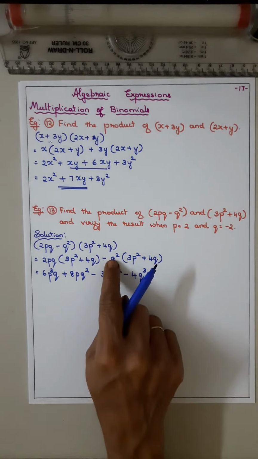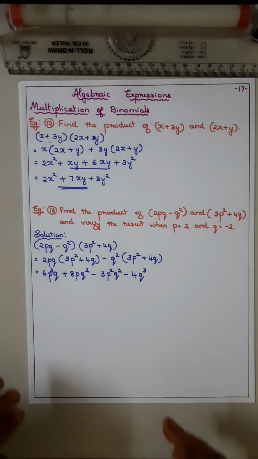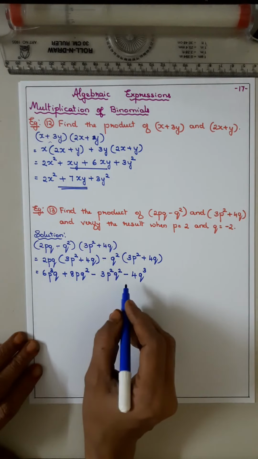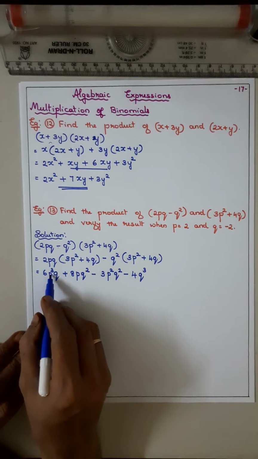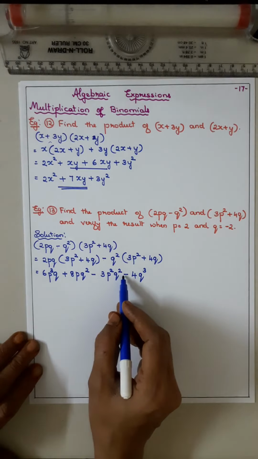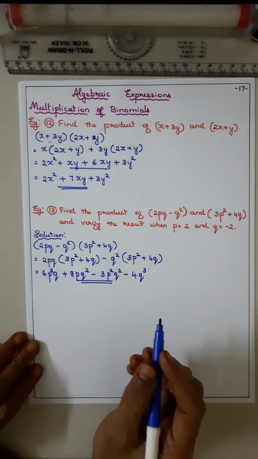Here there are 2 q, here there is 1 q, so it becomes 3 q, meaning q cube. Okay, now are there any like terms? There is no like term. p cube q, pq squared, p squared q squared, 4q cube. This is the final answer.